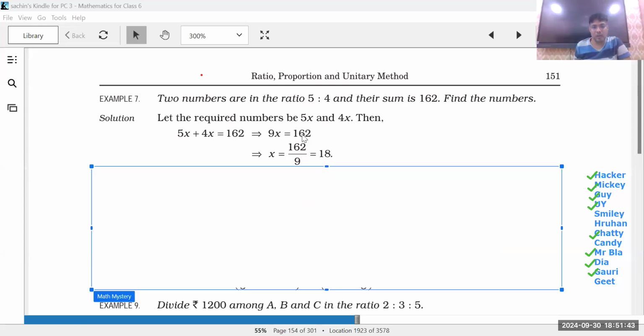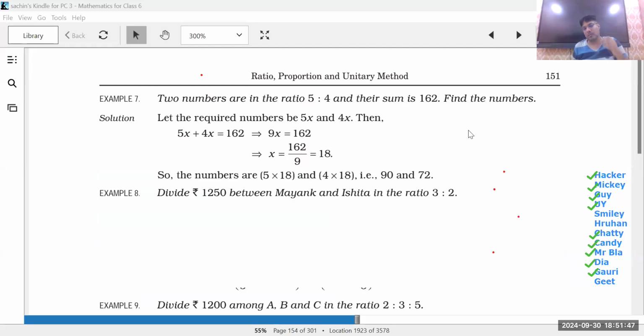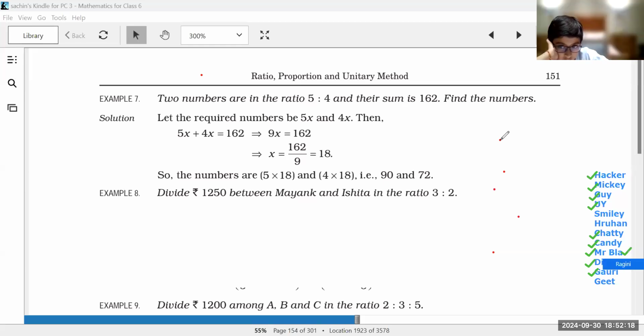So others can do the 9th question. So we have to do example 9.